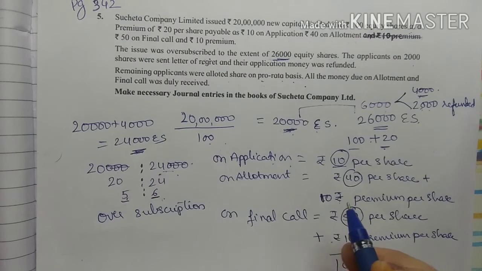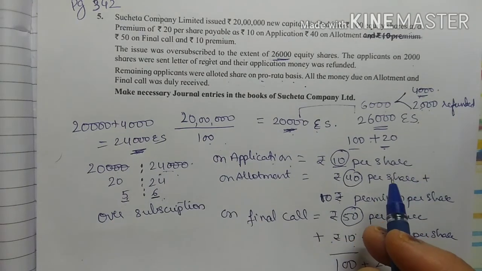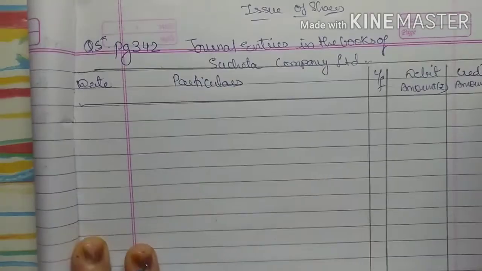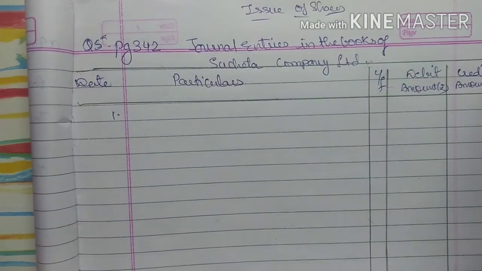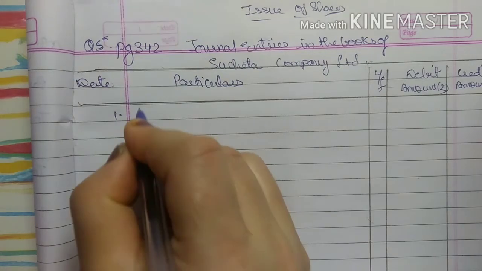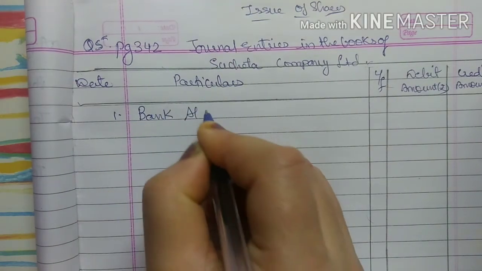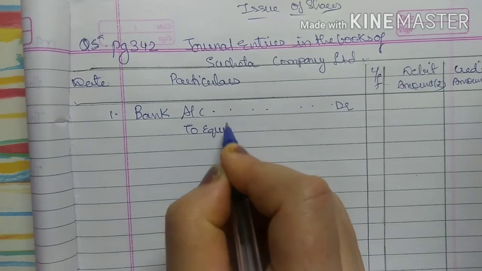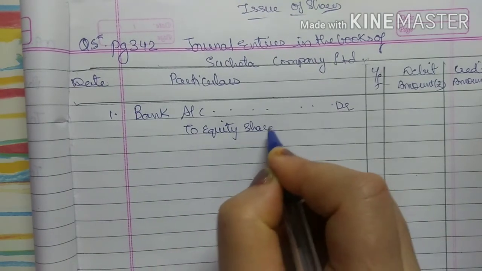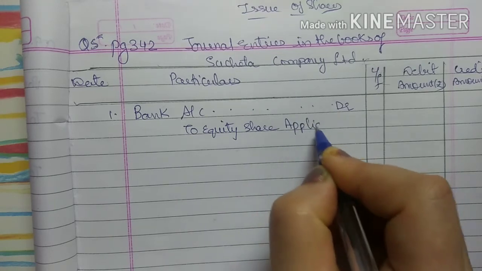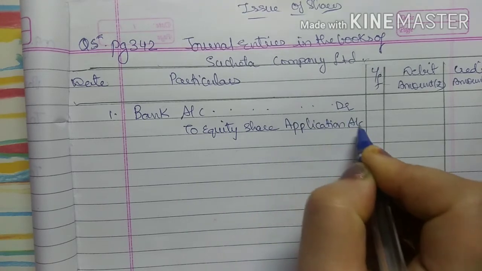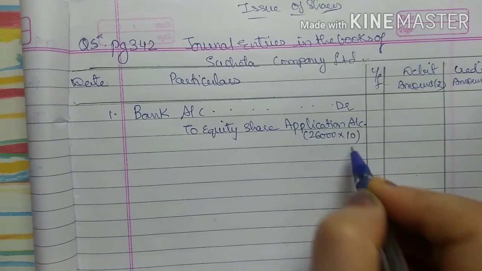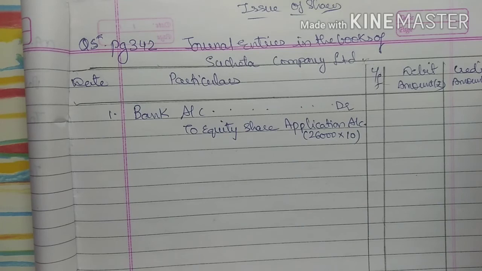So that is how much? 26,000 into 10. So that is 2,60,000. First entry will be bank account debit to equity share application account. 26,000 were the shares and 10 rupees were collected on application.